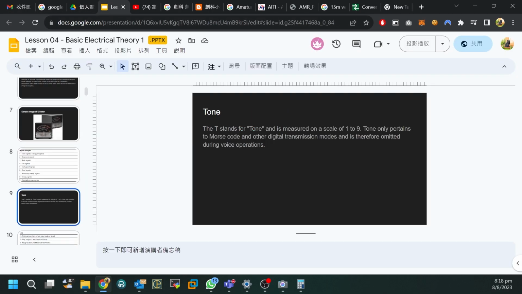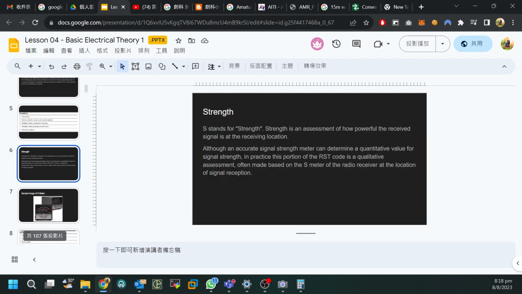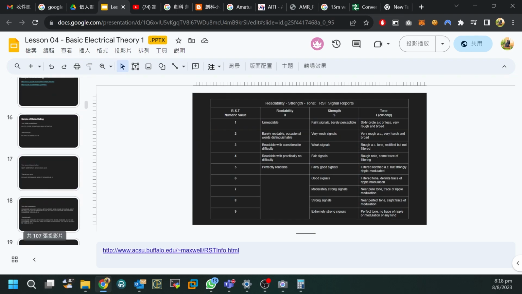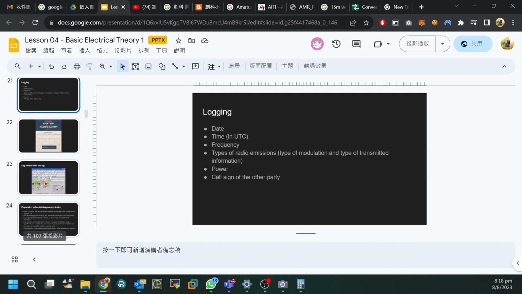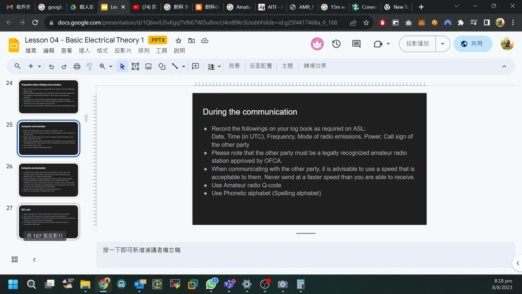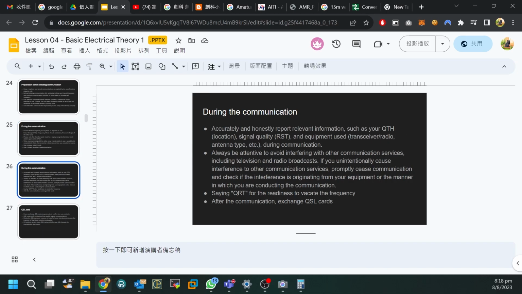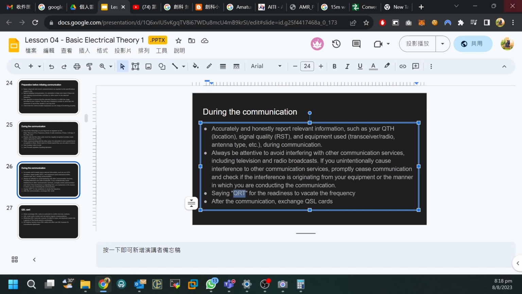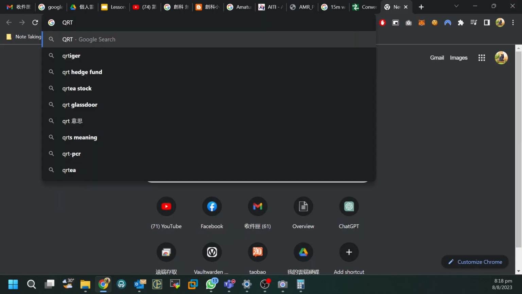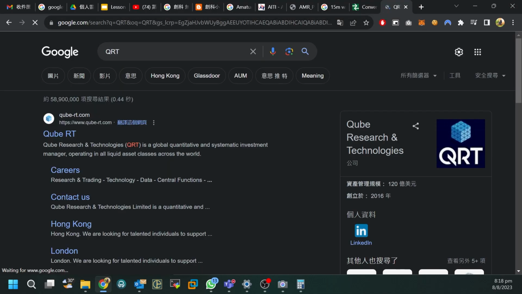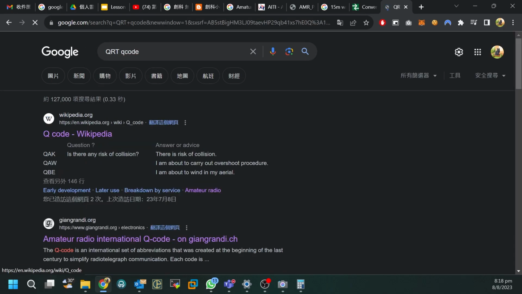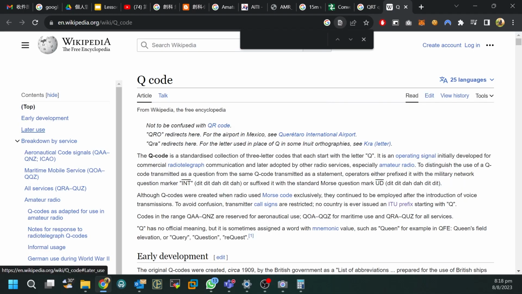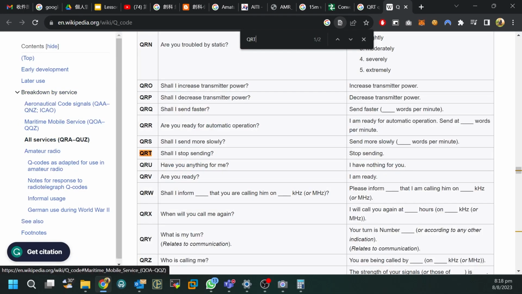QRT. You can mention QRT actually. QRT means, you can use Google, shall I stop sending?